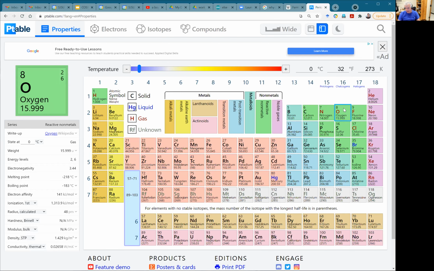Zinc oxide is a wide band gap semiconductor. I don't think cadmium or mercury bond with oxygen, but zinc sulfide, zinc selenide, cadmium sulfide, cadmium selenide, cadmium telluride, mercury telluride. These are all 2-6 semiconductors. So they all make good semiconductors.